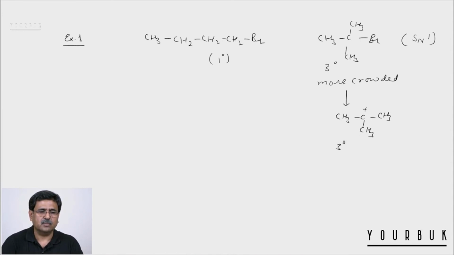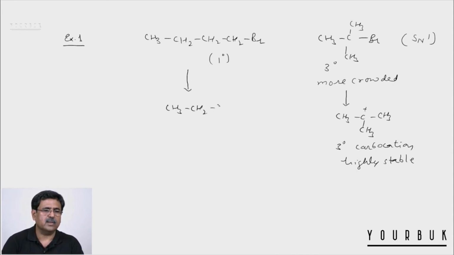This is a 3 degree carbocation and is highly stable. While this primary alkyl halide is less crowded at the alpha carbon, loss of bromine gives you a less stable 1 degree carbocation. And the SN1 mechanism depends on the stability of the carbocation.